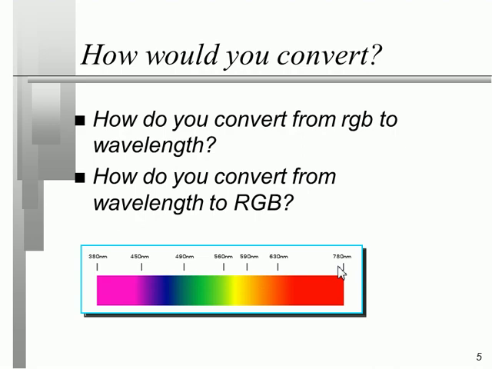And typically, when you think about these things, you think, well, gee, there's a wavelength that corresponds to the apparent color. And it's possible to convert from an RGB color into a wavelength, because each wavelength has a different apparent color.